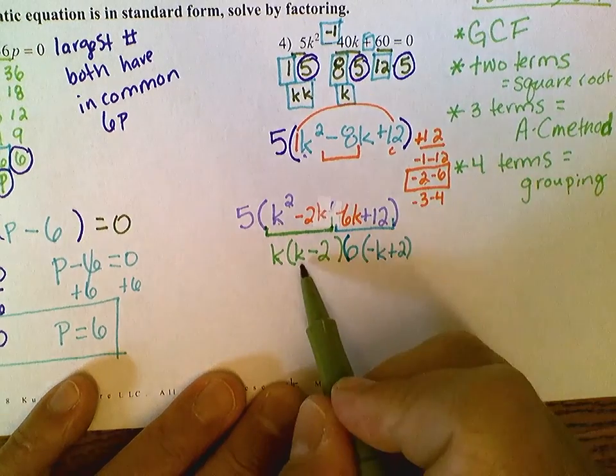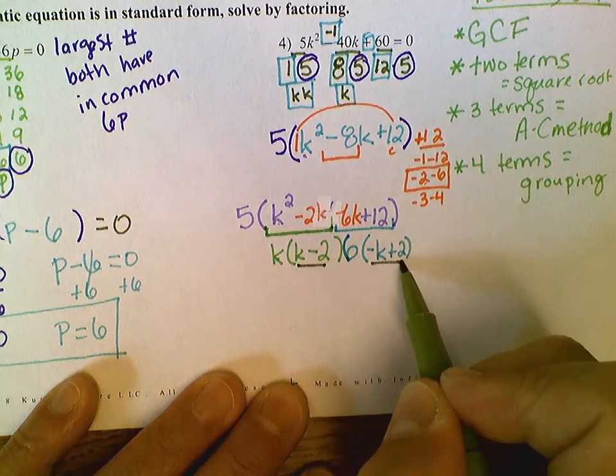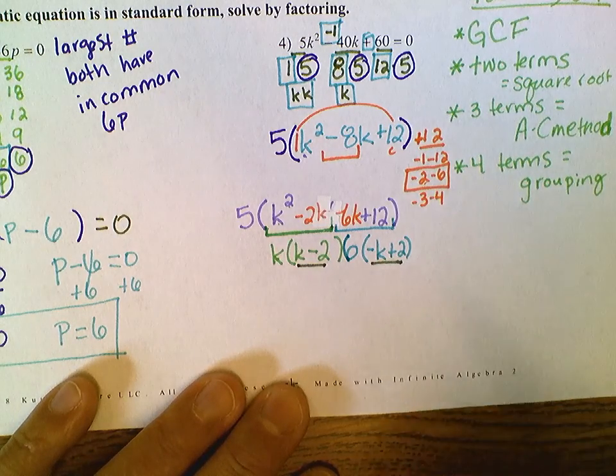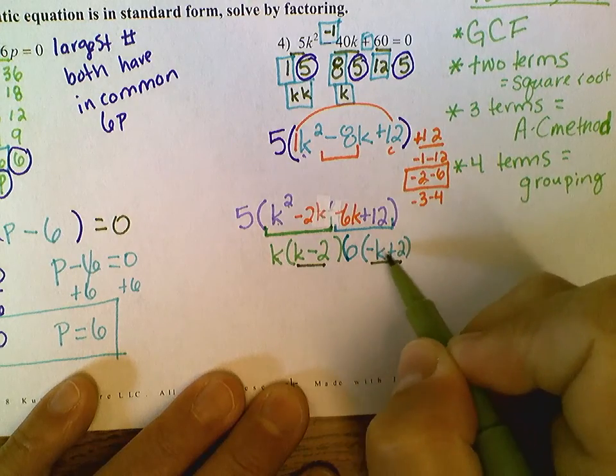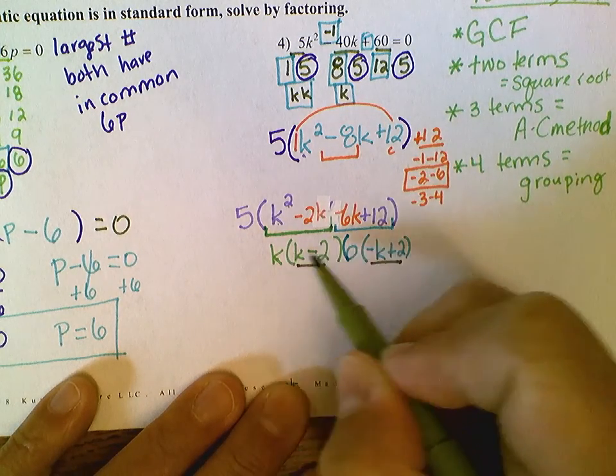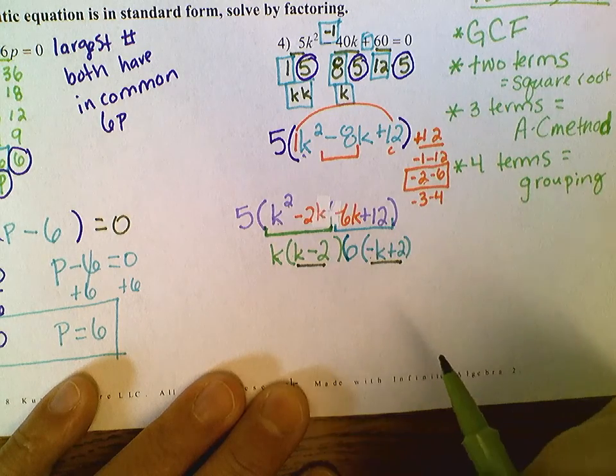And what should happen is I should have two binomials that are the same, k minus 2, and I should have k minus 2 over here, but I don't. Hopefully you can see that the only difference is that my signs are swapped. This is positive, this is negative, and vice versa.